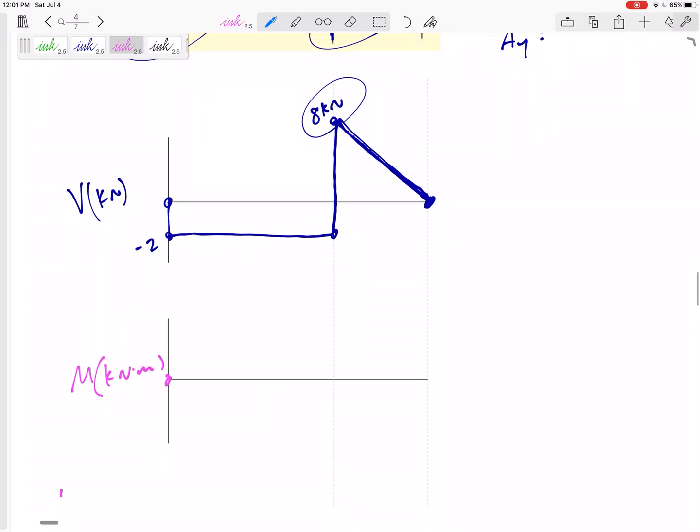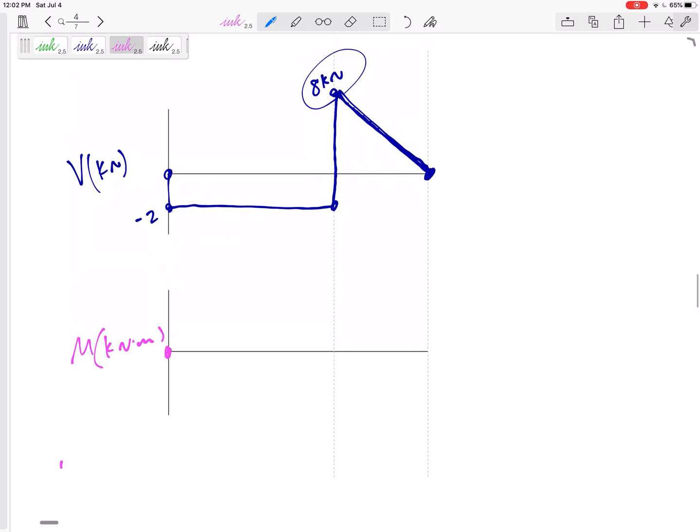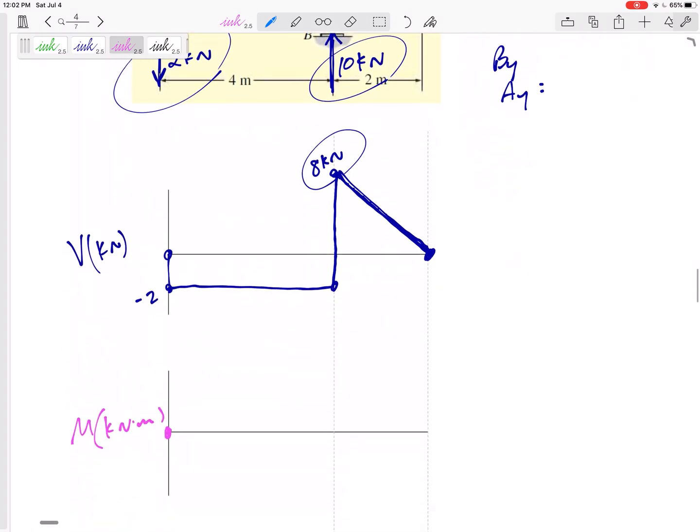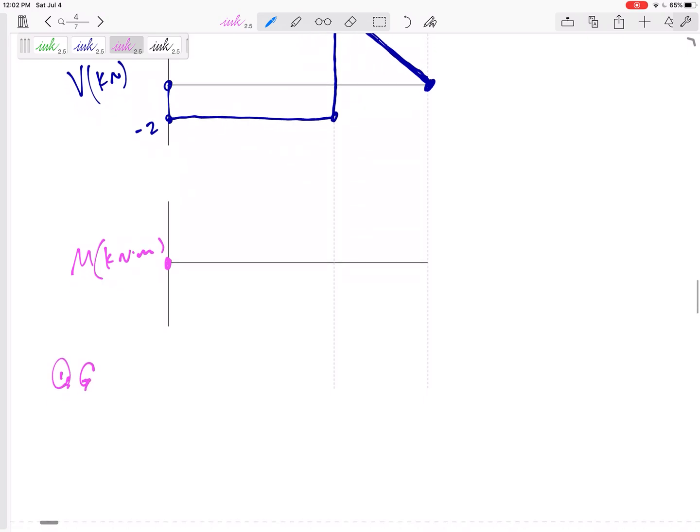Let me tell you this correctly: clockwise moments push this up. But there are no moments drawn on here. So number 1 that I'm looking for are concentrated couple moments drawn on there.